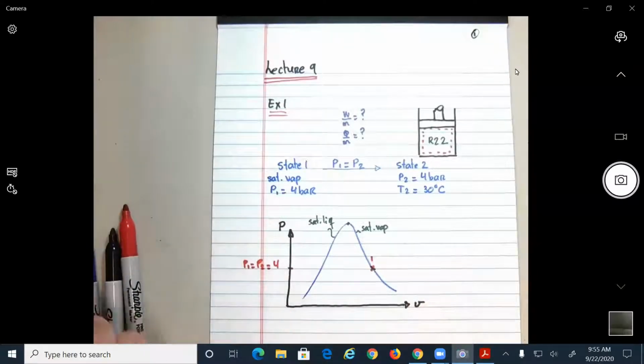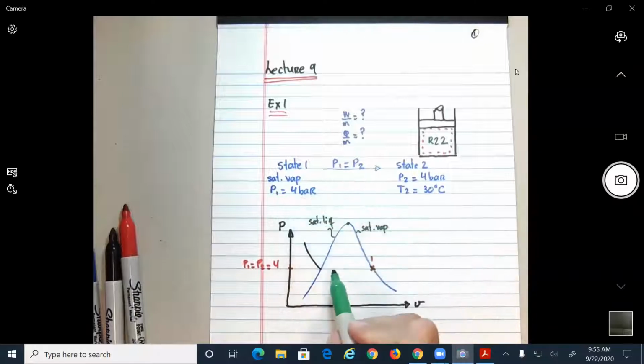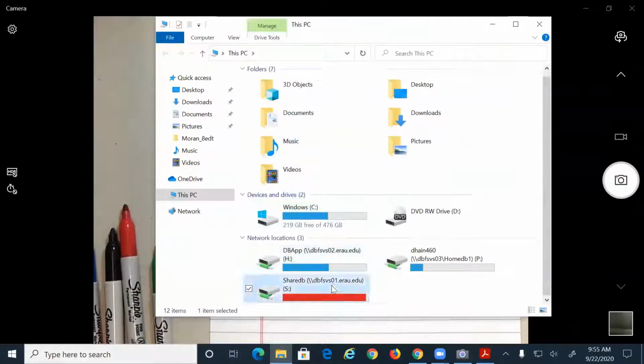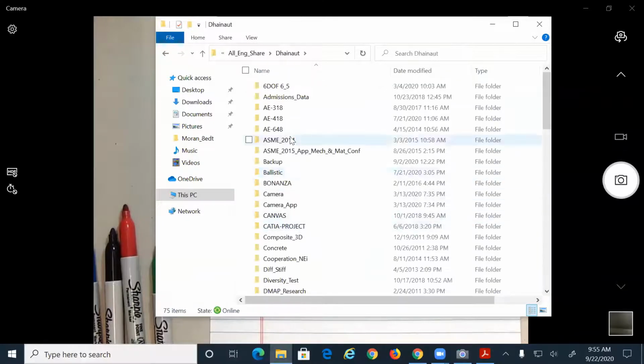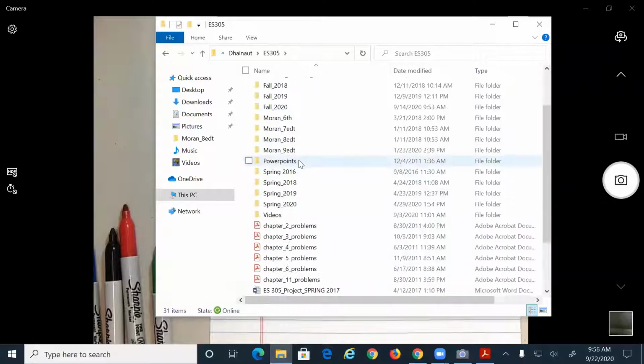All right, and if you remember these PV figures, they have lines of constant temperature that come this way down. Remember the other day in class, I told you that, let's see if I find it again.